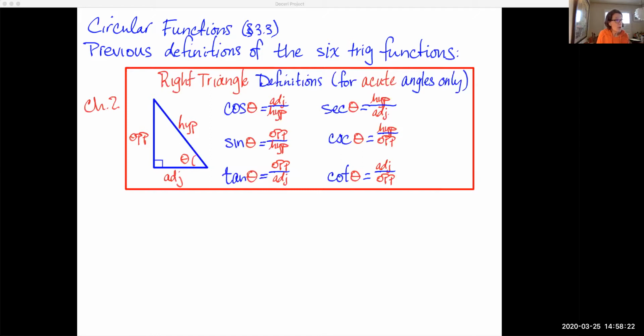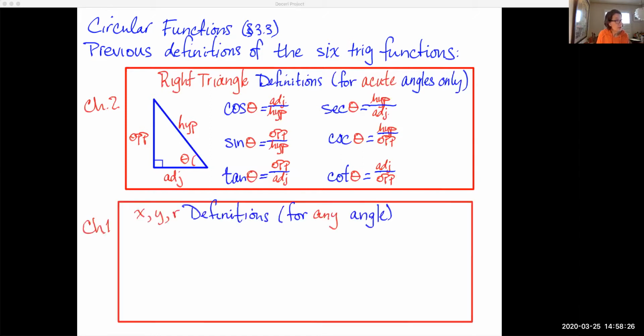But even before that, in chapter 1, we had another definition. Before we even learned about right triangles, we had the XYR definitions. And those were good for any angle. The right triangle definitions were only good for acute angles, but the XYR definitions we could use for anything. So remember how we did those?